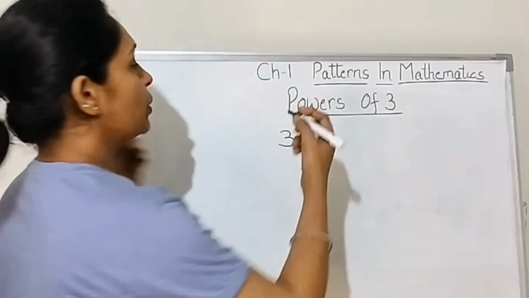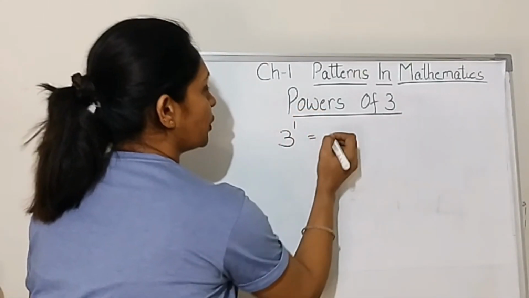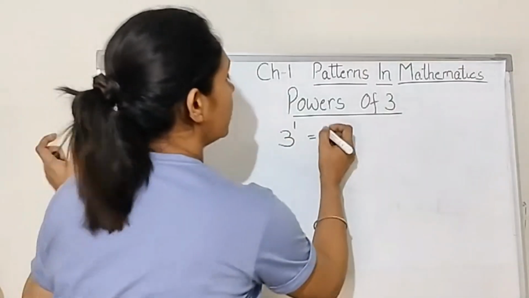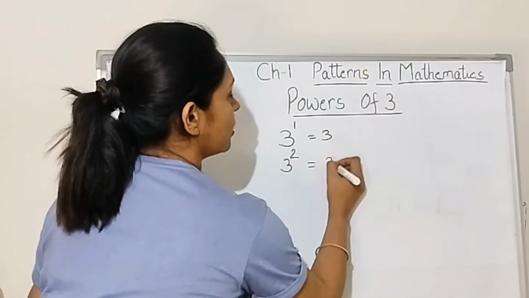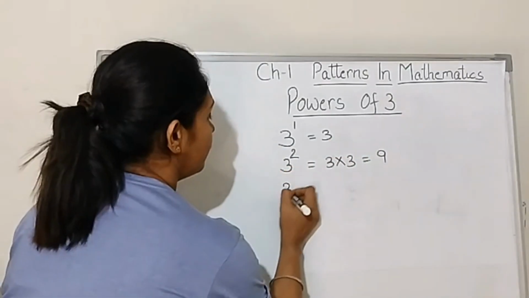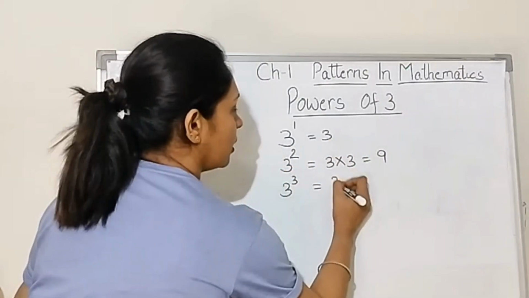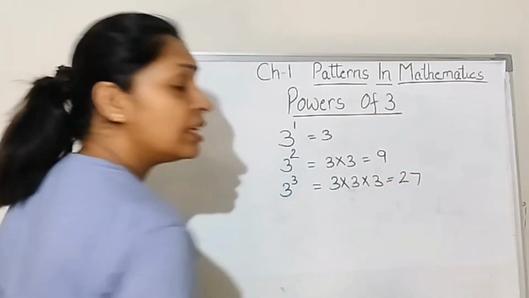So 3 power 1 is just 3 only. 3 power 2 is 3 multiplied by 3, which is 9. Then we have 3 power 3, which is 3 into 3 into 3, which is 27.